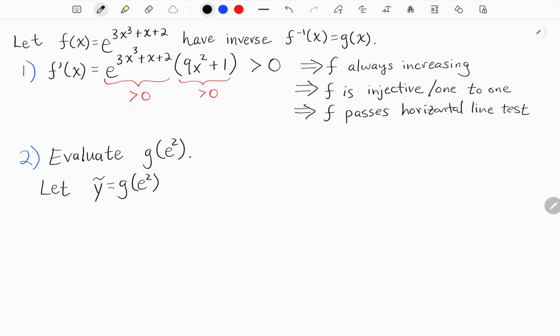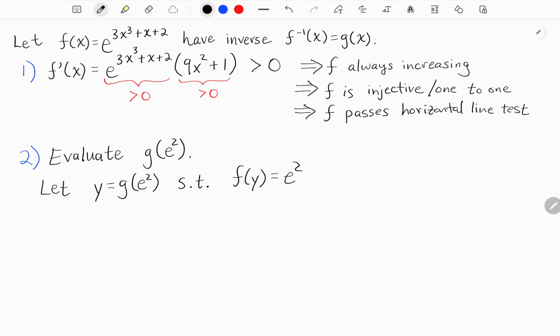But I'll just call it y. I'm not saying this is the graph y equals e squared, like some horizontal line, but I'm just saying that y equals g of e squared. Solve for y such that f of y is equal to e squared.